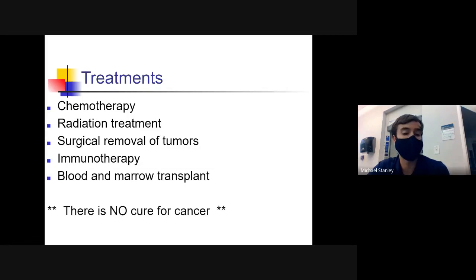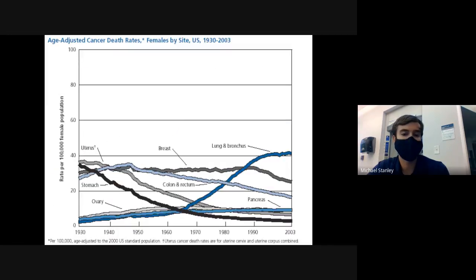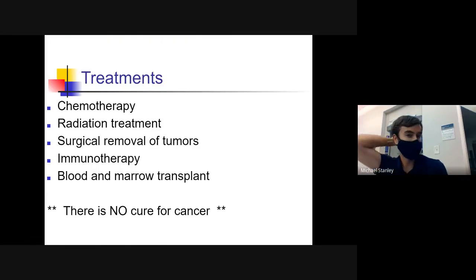So basically all different treatments for cancer revolve around trying to make these cells stop growing. So like chemotherapy and radiation treatments are specialized treatments that target growing cells and try to interrupt something in those cells and get them to stop growing.